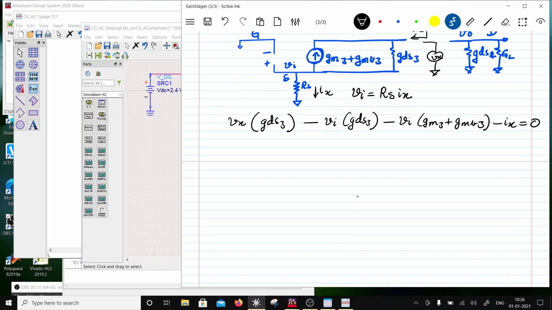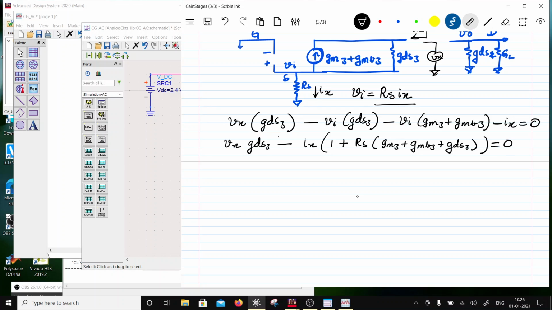Now let us collect the terms of Vi. I will have Vx GDS3 minus Vi, which is substituted by Rs times Ix. Ix is common here, so 1 plus Rs times Gm3 plus Gmb3 plus GDS3 is equal to 0.